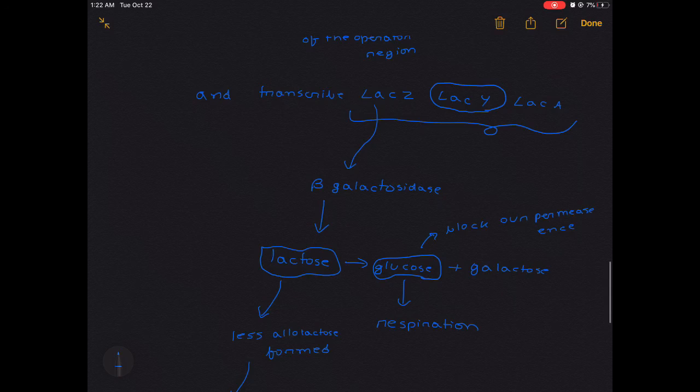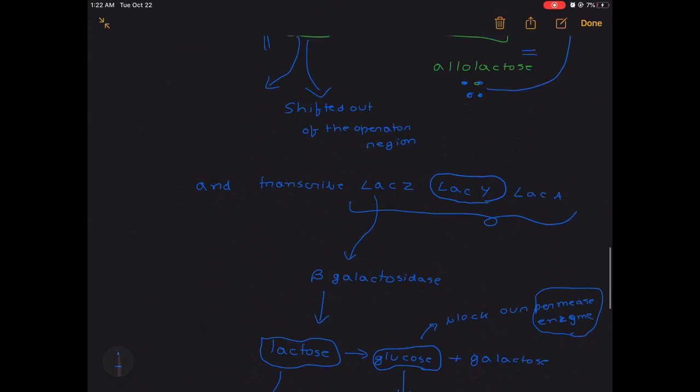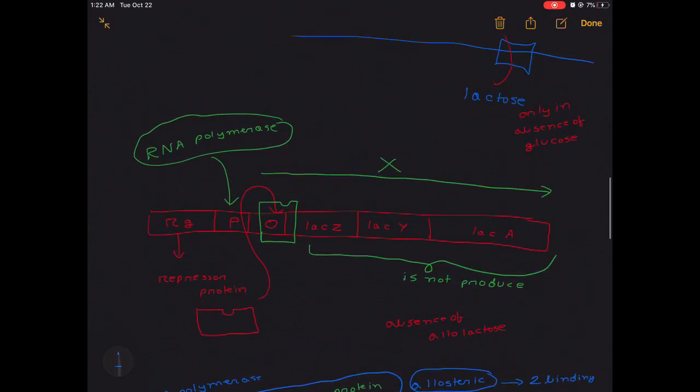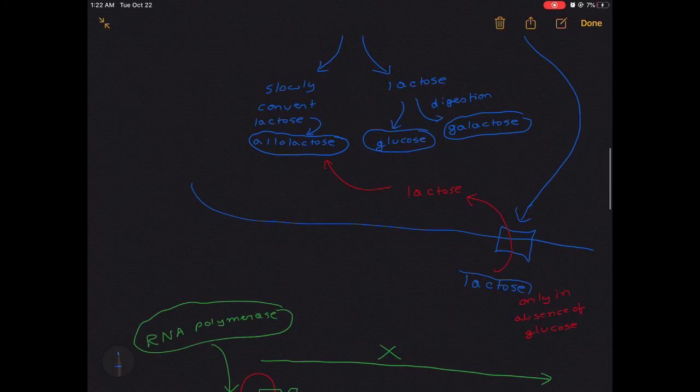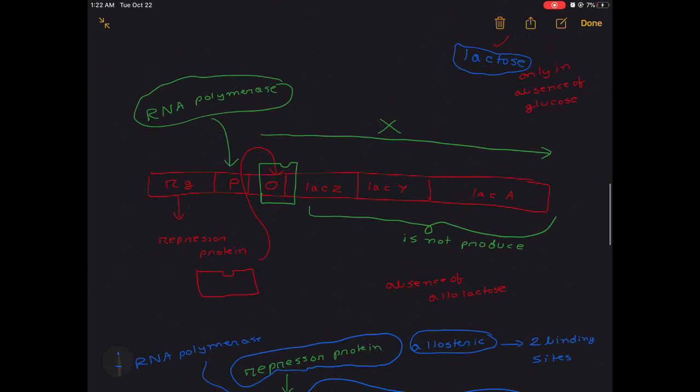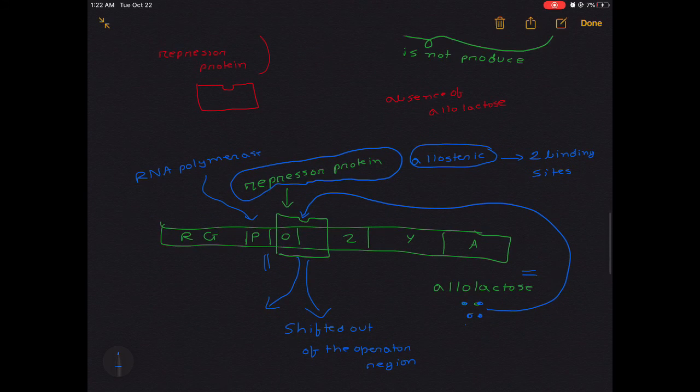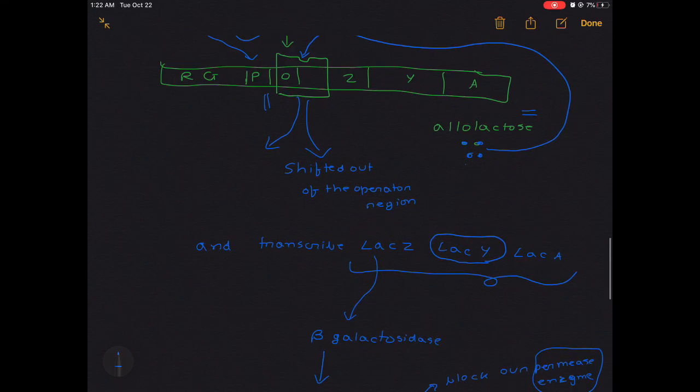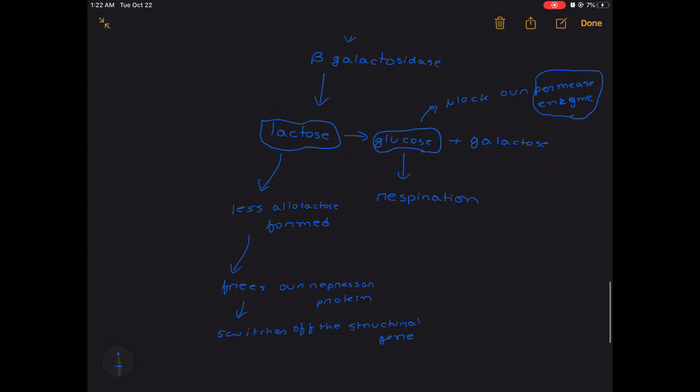And if our permease enzyme is blocked, then lactose can no longer enter inside the bacterium. Now this has a significance because in presence of glucose we don't actually need to respire lactose anymore.